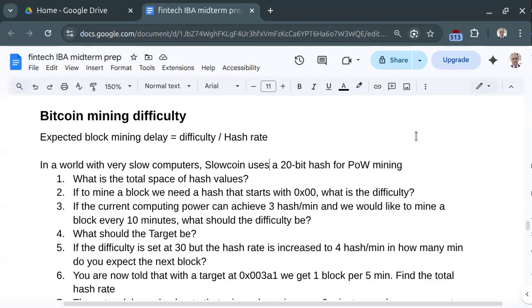So let us try to solve problems. In particular, the problem here is we have a world with very slow computers and we mine a coin, we call it slow coin, that only uses a 20-bit hash for proof of work mining.